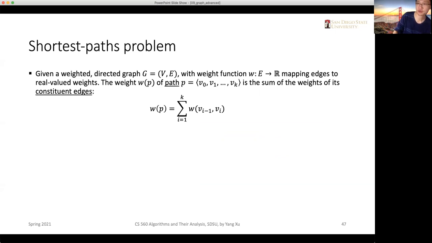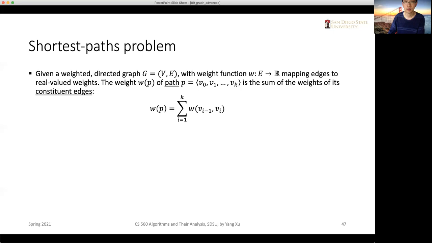Okay, so here's a bunch of terms, but don't be afraid of it. It's actually a very straightforward definition. First of all, it's defined on a weighted and directed graph, and we have a weight function. So far everything is pretty similar to the minimal spanning tree problem. The problem is that we want the weight of a path.